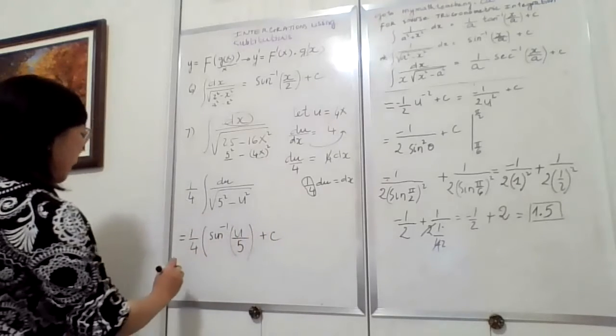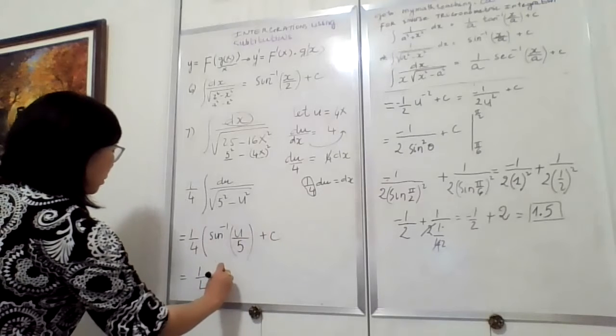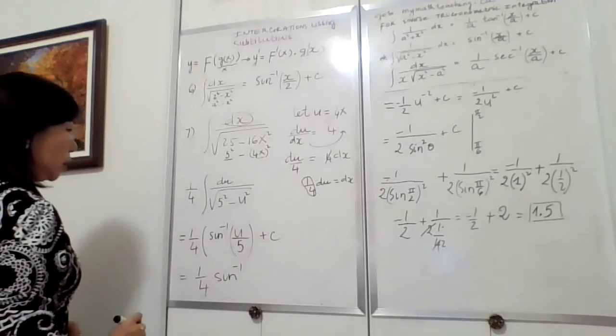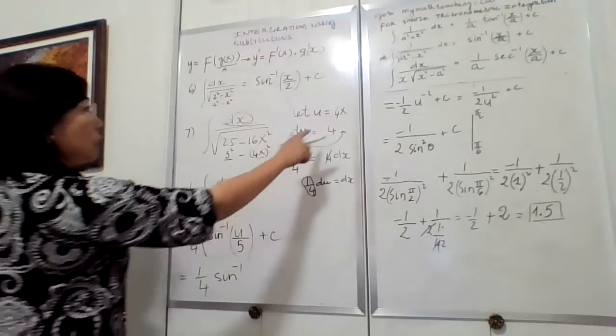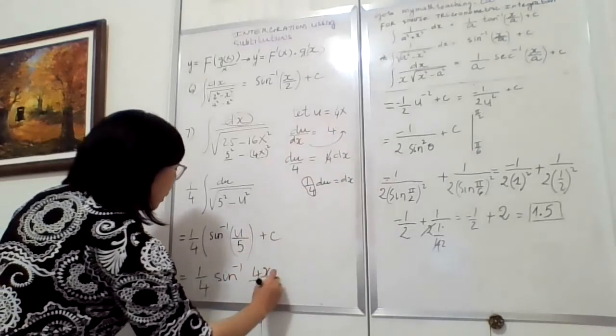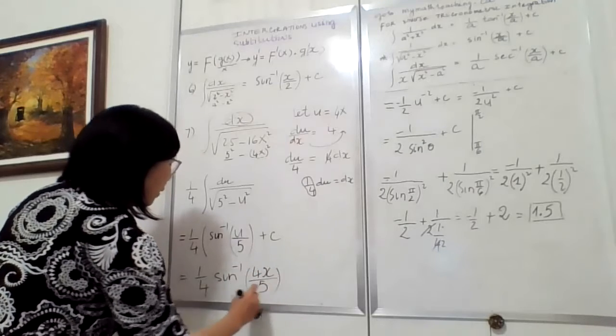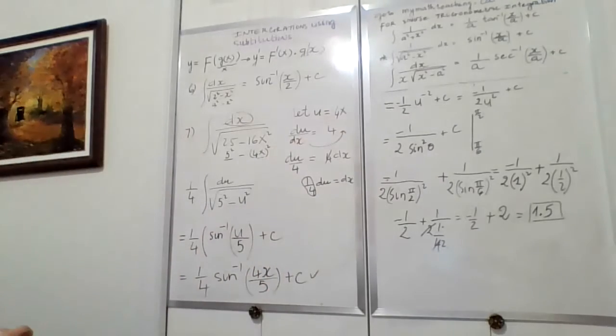Now we can substitute back. It equals 1 over 4 sine inverse, with u over 5 turning back into 4x on the top, and down here still 5, plus c. So that is our answer for question 7.